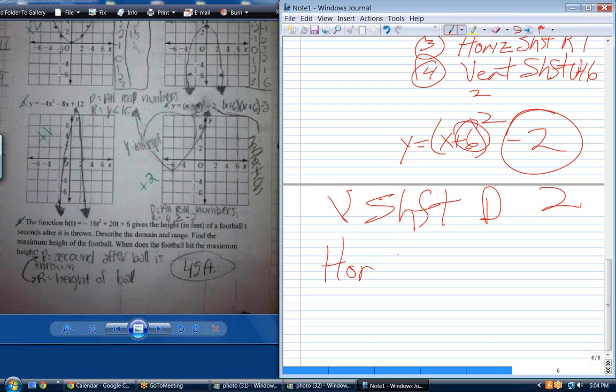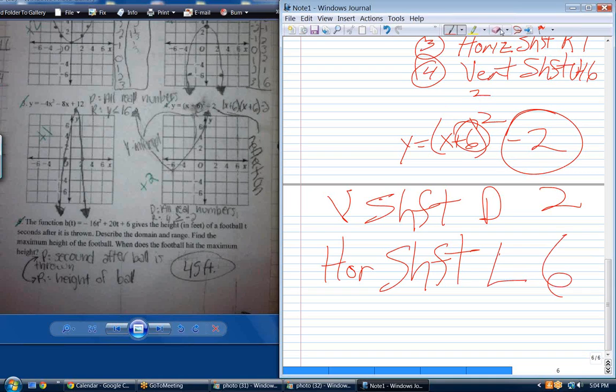What's the consequence of the plus 6? It widens. Vertical or horizontal something? Horizontal shift, there we go. Which way? Left, by 6.